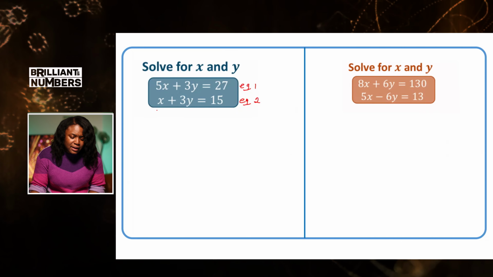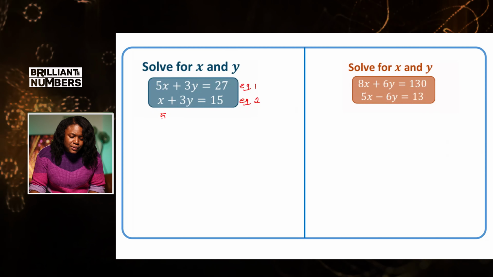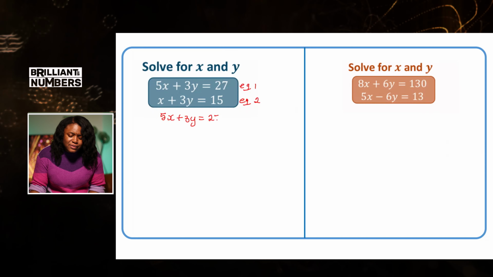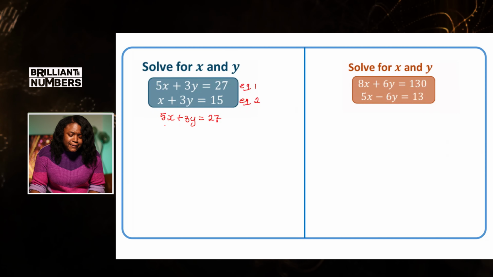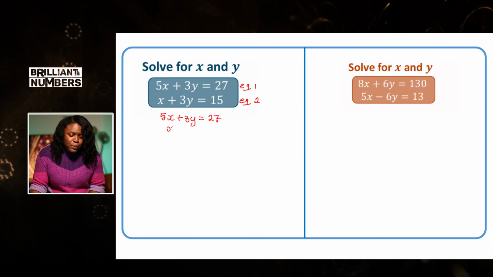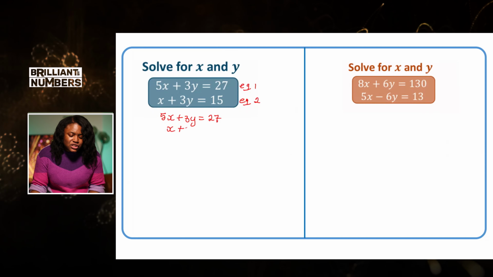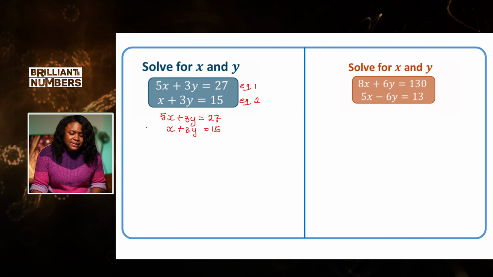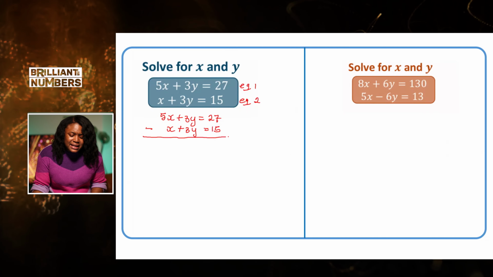So let's go ahead. I'm just going to put 5x plus 3y equal 27. I always like to write my question out again so that I do not confuse my working with the question I was originally given. Very good practice. So I know I have to subtract if I'm going to eliminate the y term.